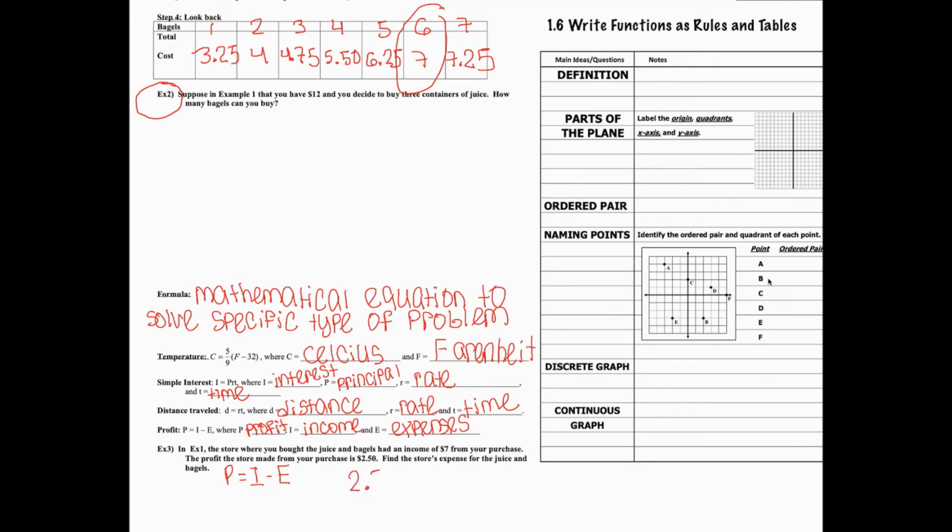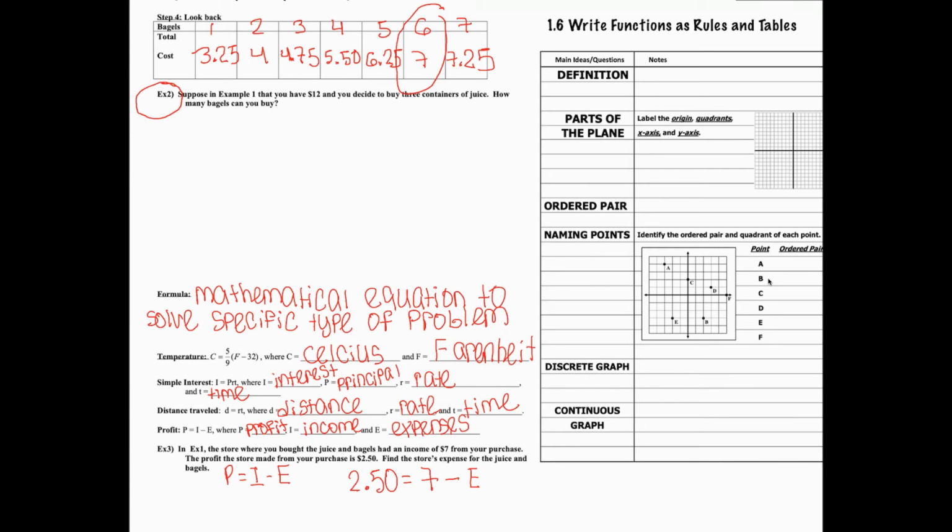So I'm going to say $2.50 equals, and then our income, so they made $7 because we paid them $7, minus the expenses, which we don't know. And that's the question, is what are the expenses?